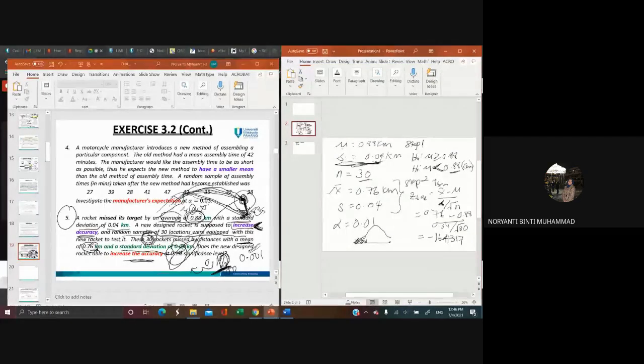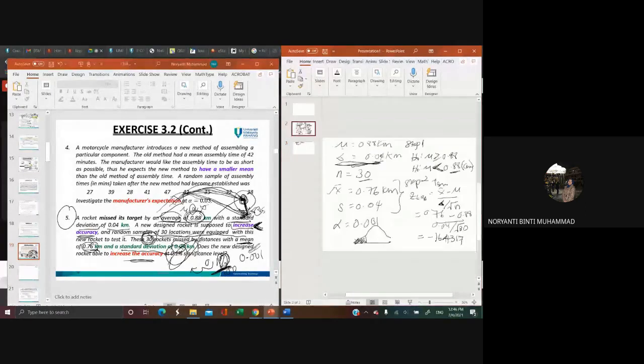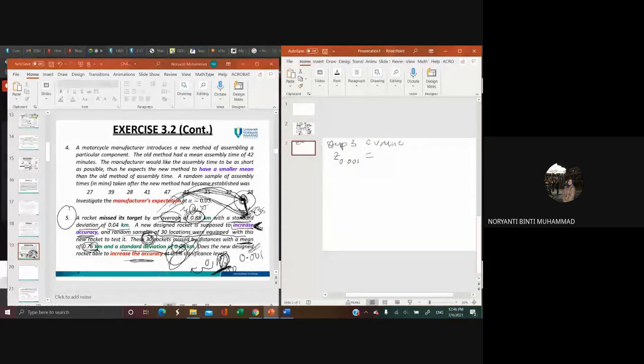This one I wrote wrongly, it should be 0.01. And it's a left tail, isn't it? So should it be a negative or positive value? Negative. Yes, negative.